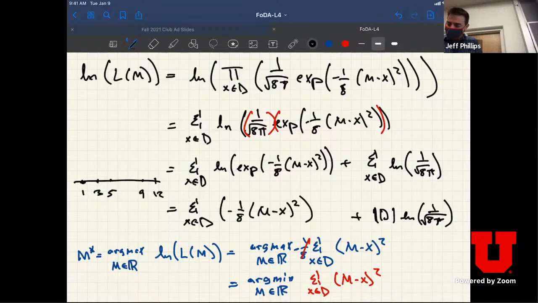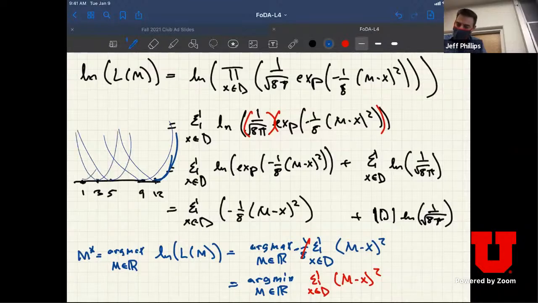Each squared distance is going to look like a parabola, so I'm going to have a parabola which is minimized at each of these points. These are the individual cost functions associated with each point, and I want to find a single point which minimizes the sum of all these cost functions.